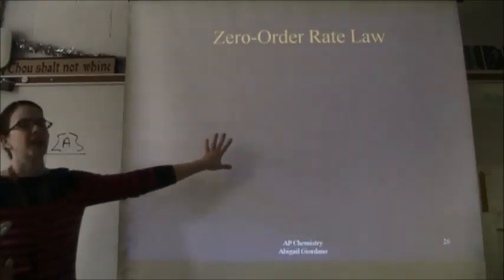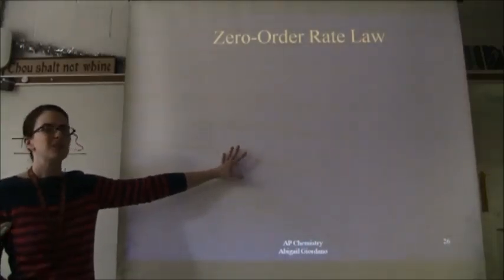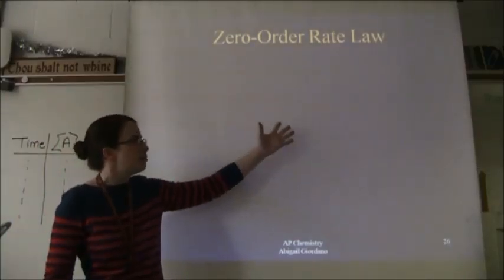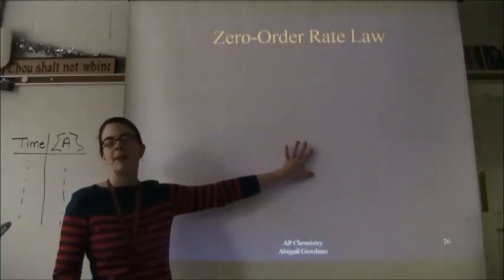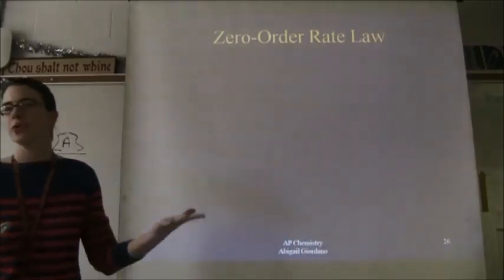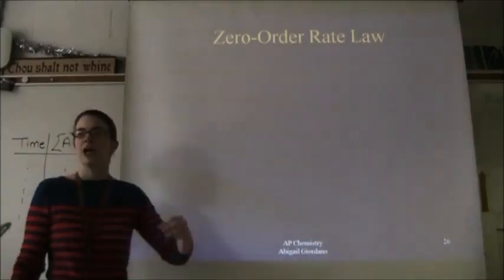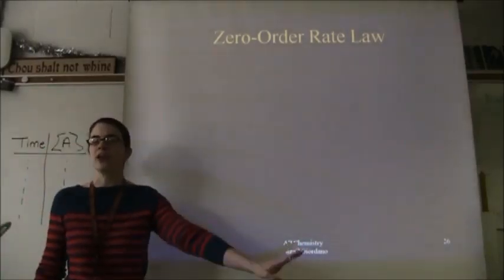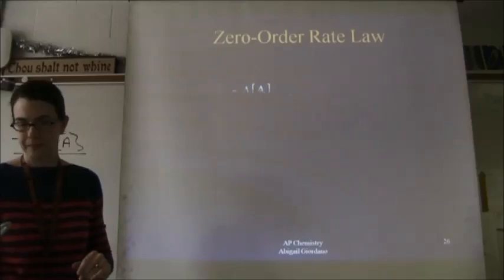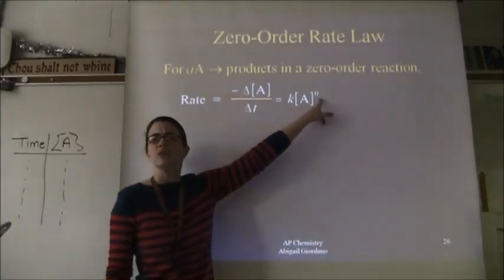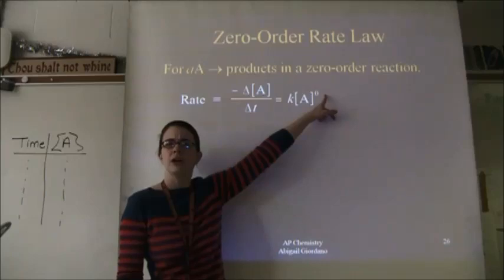The reason I present this one last is because this one just doesn't come up that often, right? Most of the time, you will not be dealing with data that is zero order, which is why I put it last. Okay? But for the third and final time, guys, you see the word order, what do you think? You got it. What is anything raised to the 0 power? 1.